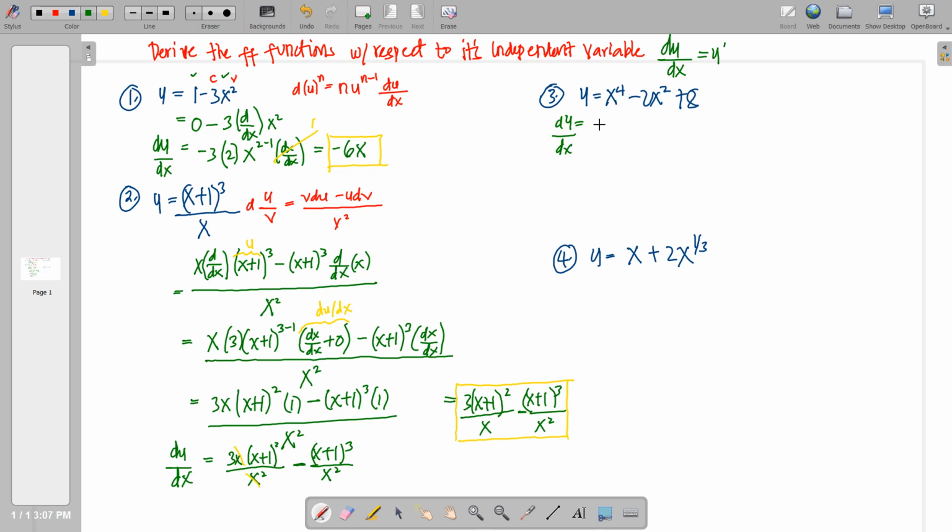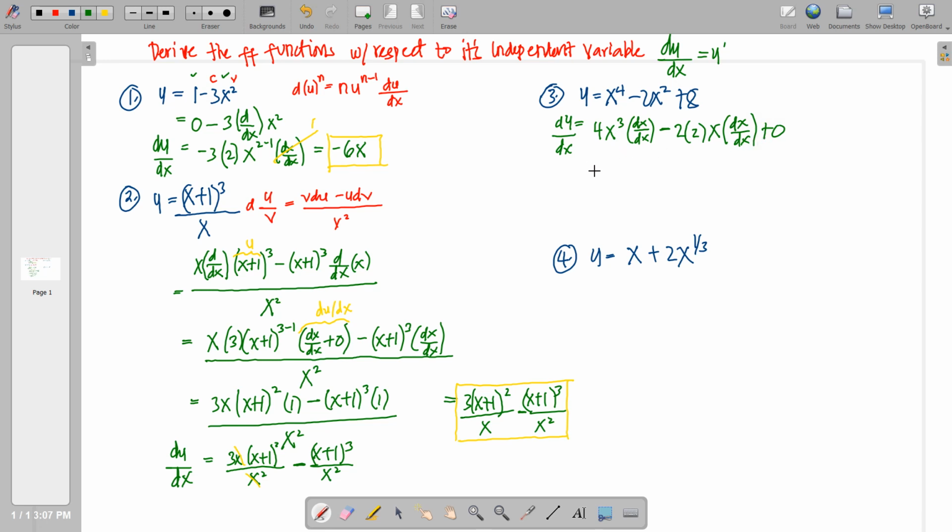So the first term, we bring down that 4, and then copy x, just subtract 1 from 4, and then derive this variable, that is dx over dx, or will just be equal to 1. Okay, so the second term, we have a constant, so copy that constant, and then we have here a power formula, so we bring down 2 from that. Okay, so copy x, subtract 1, and then derive the variable that will just yield to 1, and then the constant here is 0. The derivative of constant is 0.